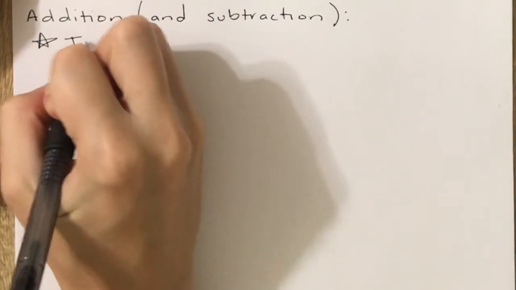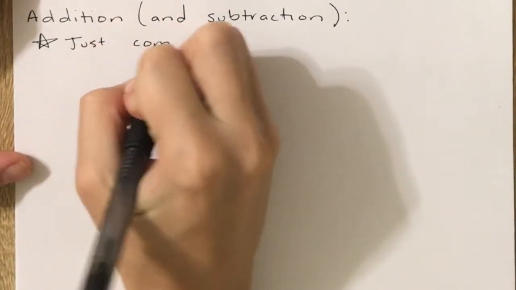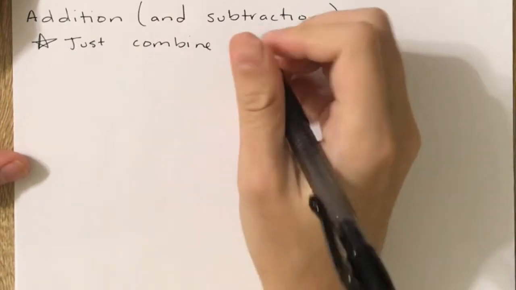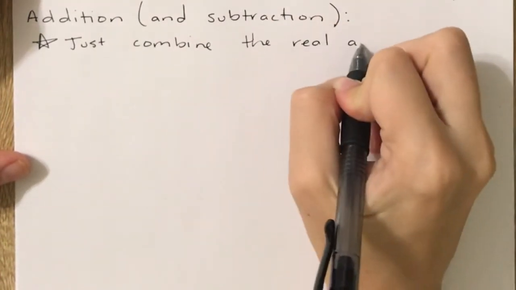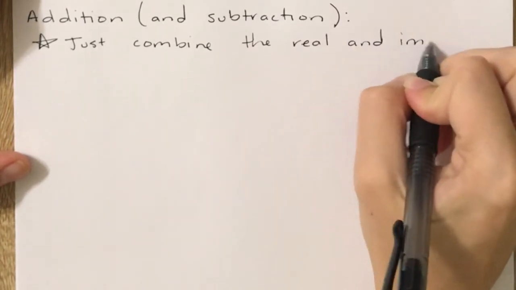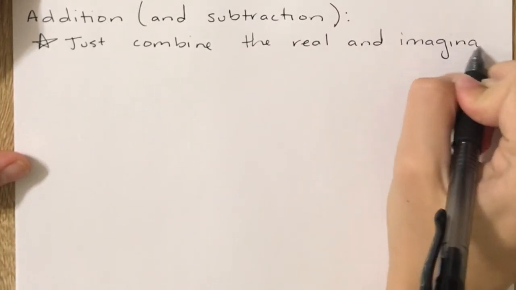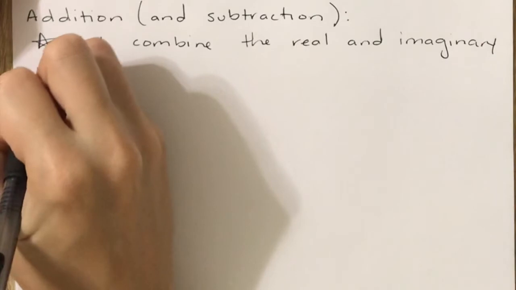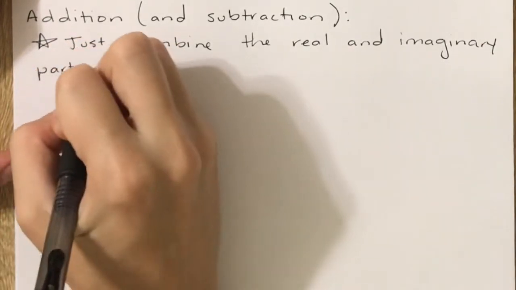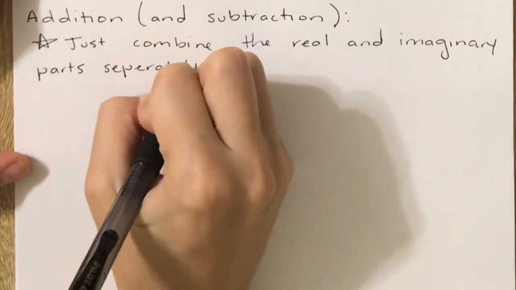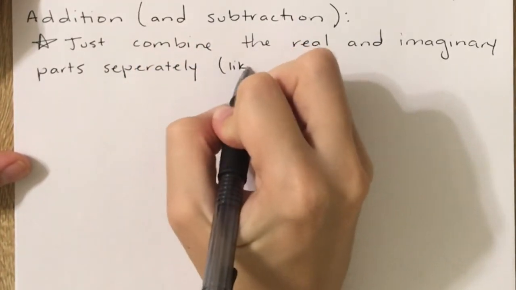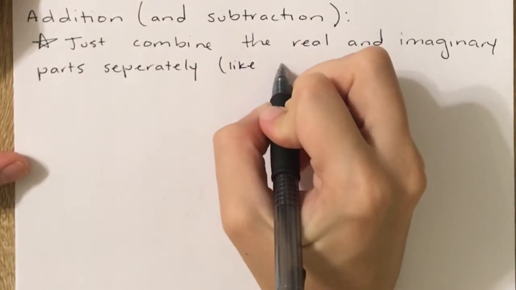We just combine the real and imaginary parts separately. Like combining like terms.